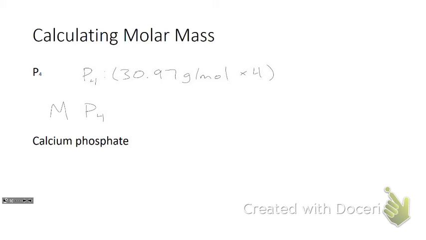Big M, remember, is molar mass. So molar mass of phosphorus is equal to 123.88. What are my units going to be on that? For molar mass. It's not a trick question. Grams per mole. Good.